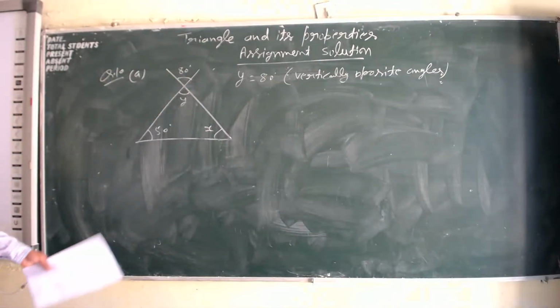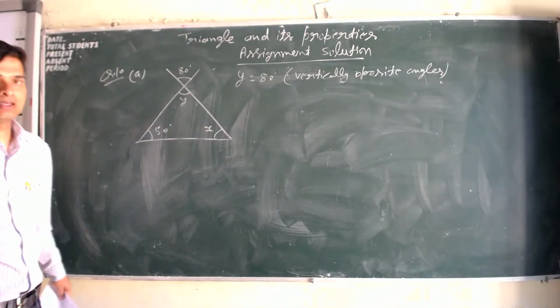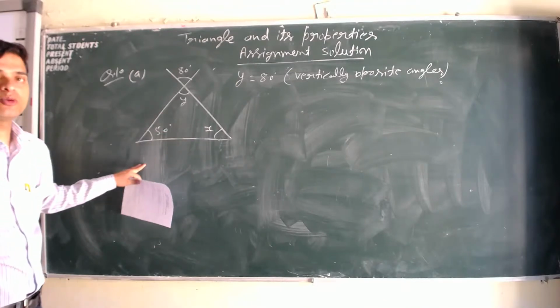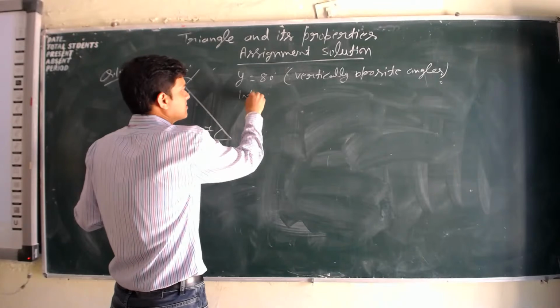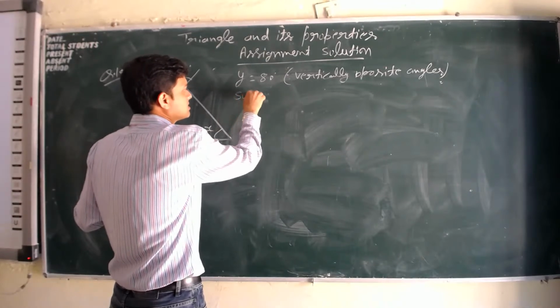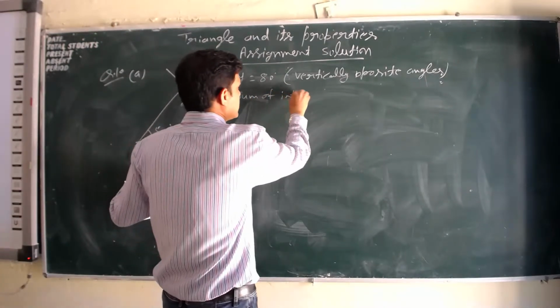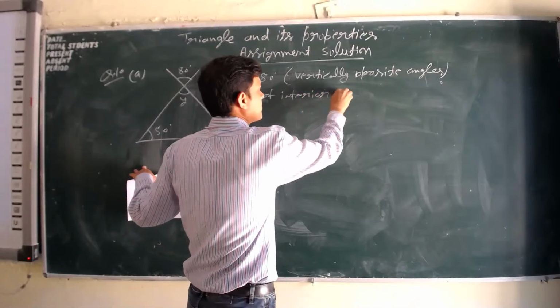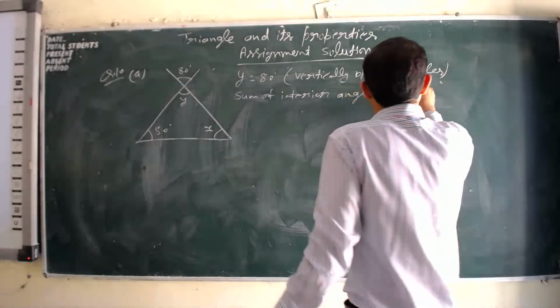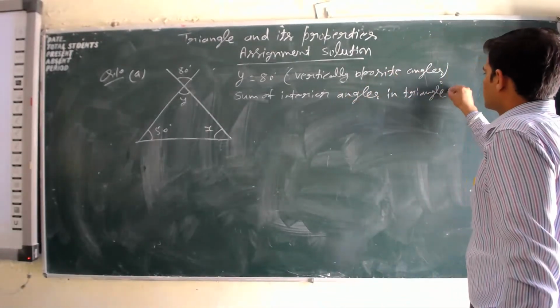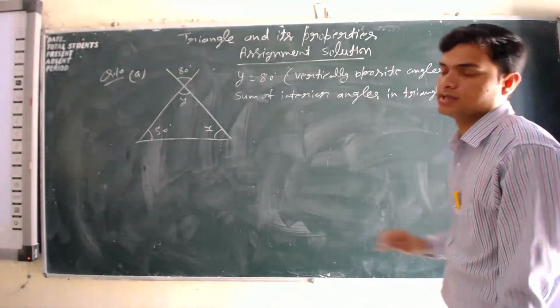Next one is we have to calculate x. Now we can apply the angle sum property of a triangle, that is, the sum of interior angles in the triangle is equal to 180 degree.